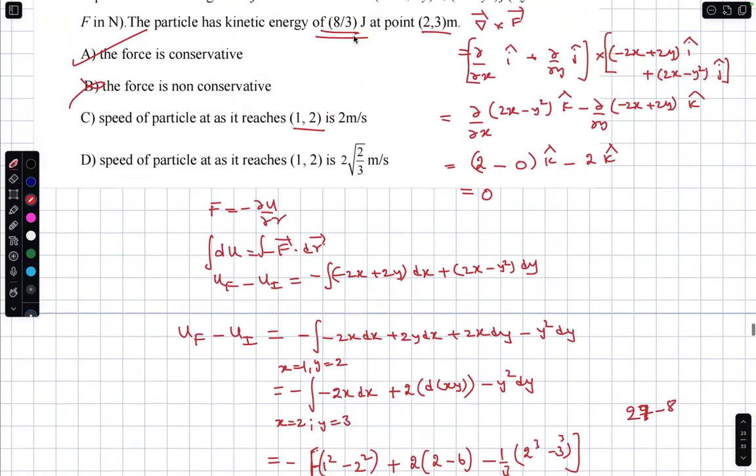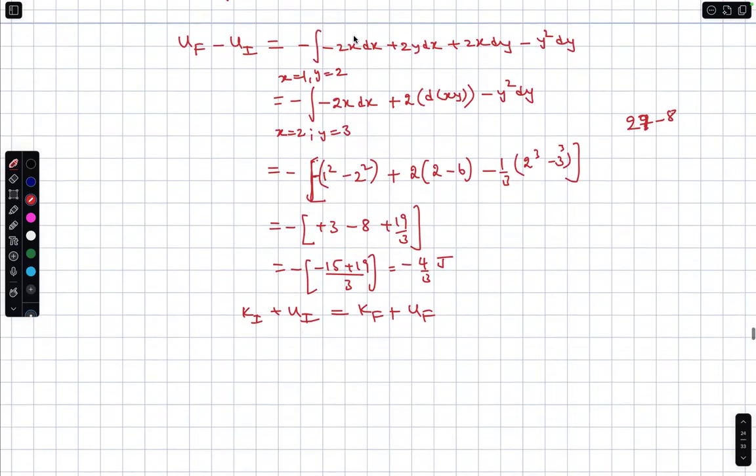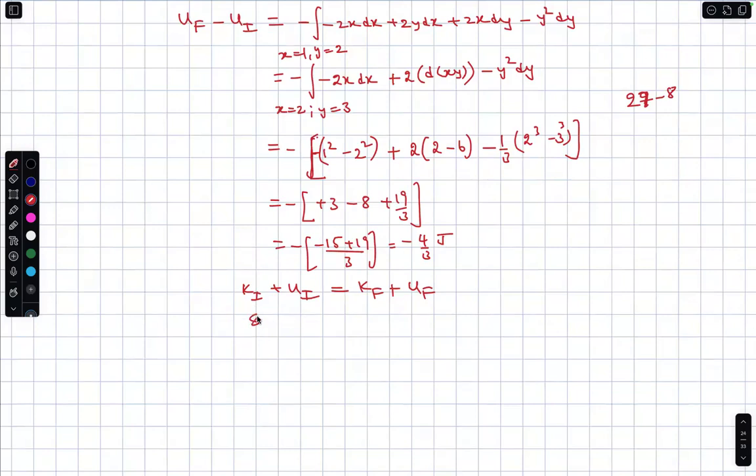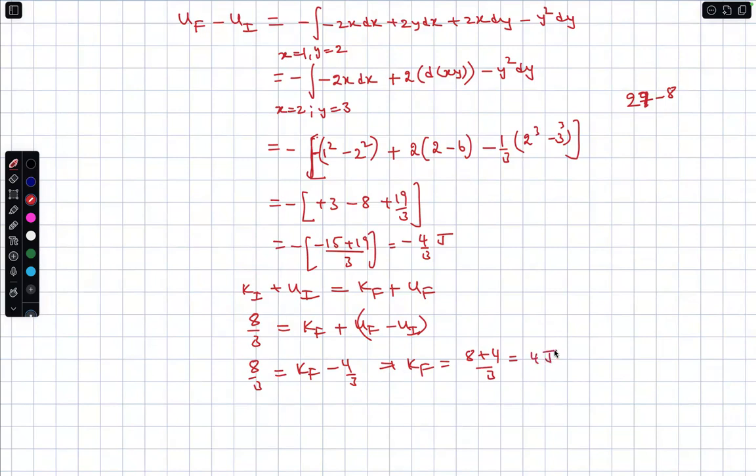Let me first get K final. 8 by 3 is equal to K final plus U final minus U initial. 8 by 3 is K final minus 4 by 3. K final is 8 plus 4 by 3, 12 by 3, 4 joules.